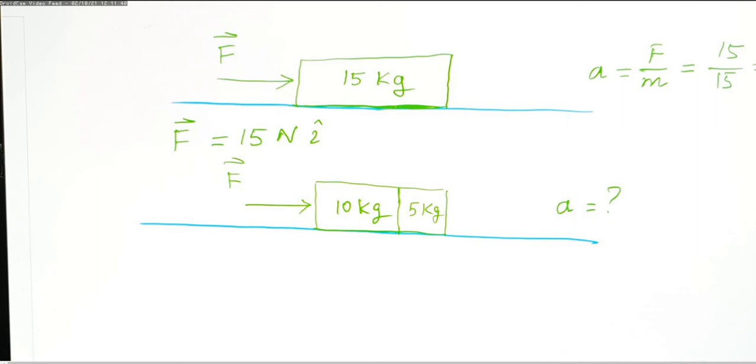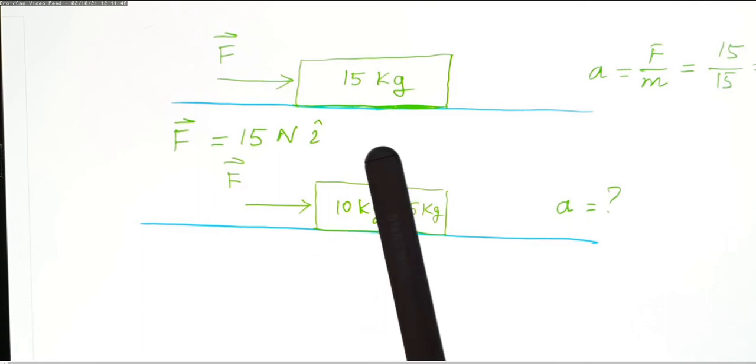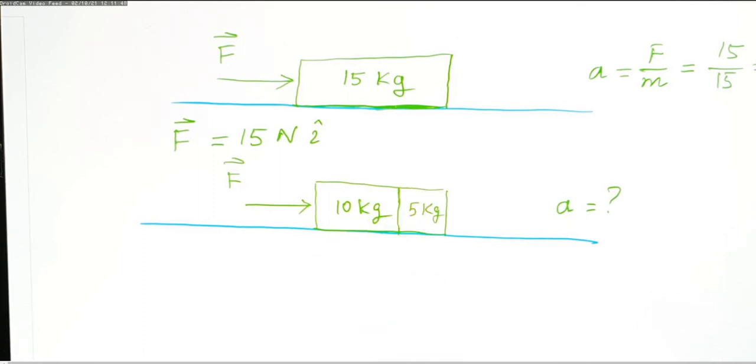Ahmed said 1.5 for the 10 kilogram. No, Ahmed, that's wrong. It is correct that I separated them, but they are still in contact, which means both of them must have the same acceleration. The 10 kilogram cannot go faster than the 5 kilogram because it's in front of it.